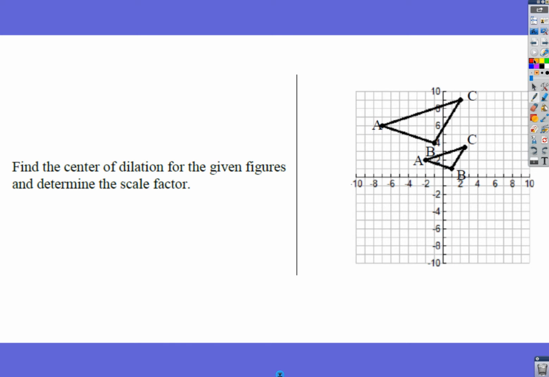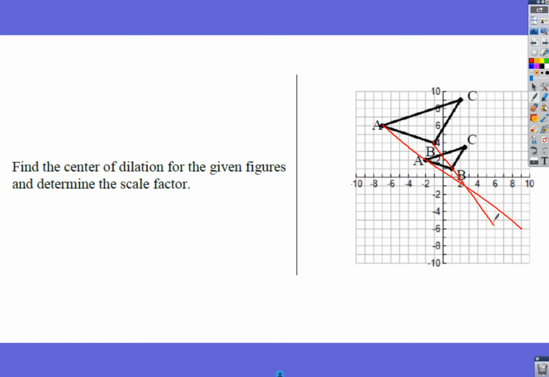But I don't see a line tool up here. So I'm gonna have to draw this freehand. Let's see if I can do this. I connect one of the A's with the other A, and I keep on going. I connect one of the B's with the other B, and I keep on going.